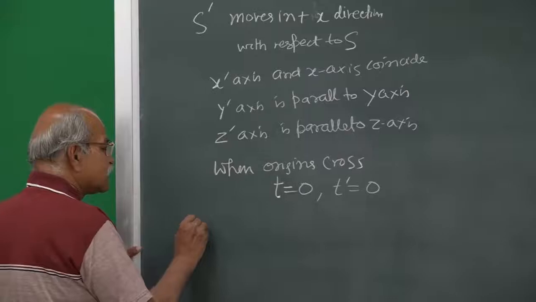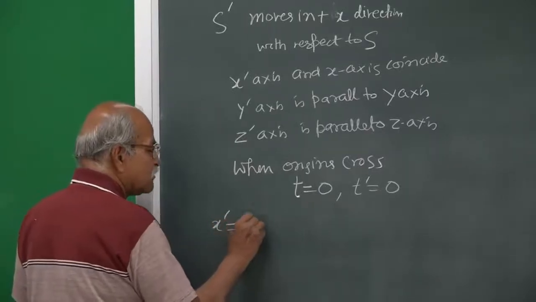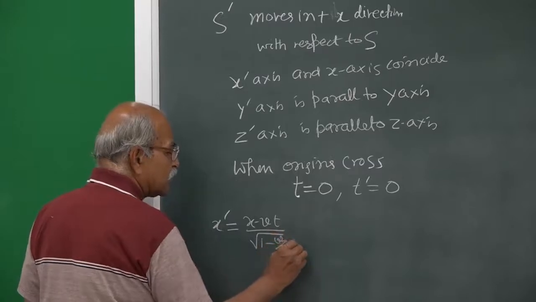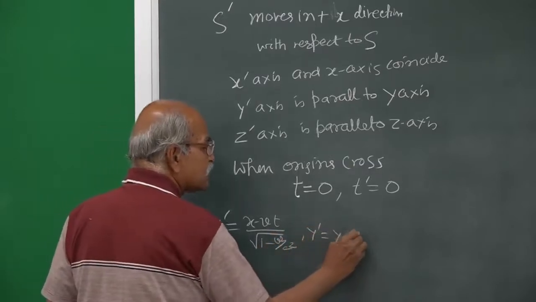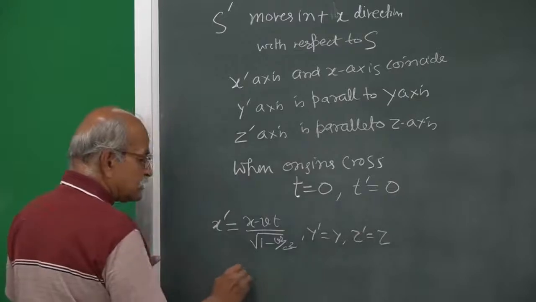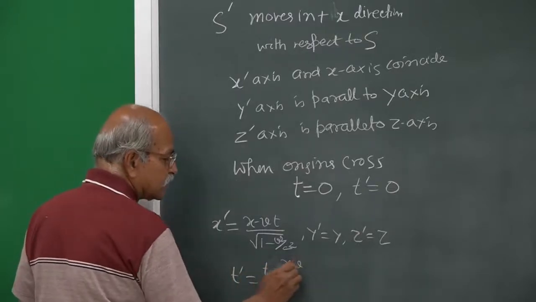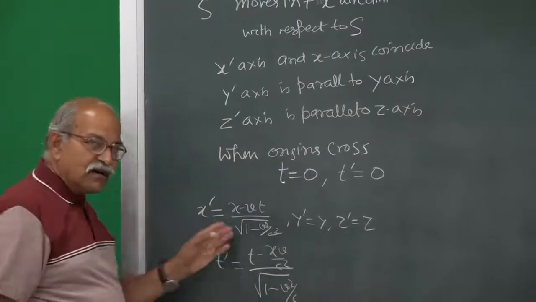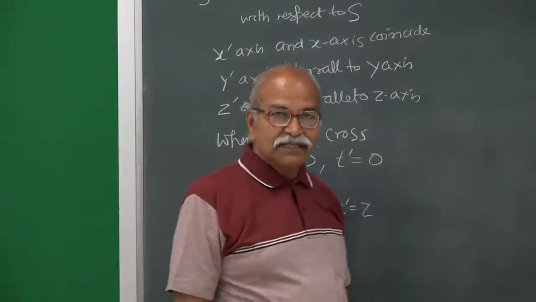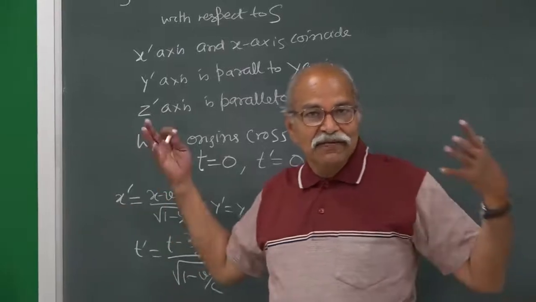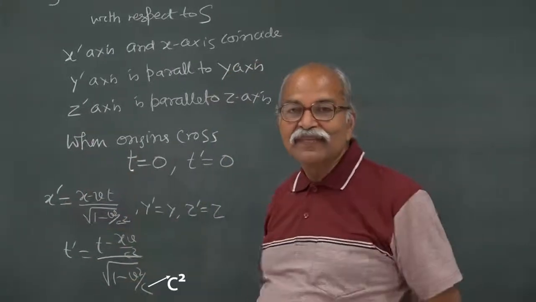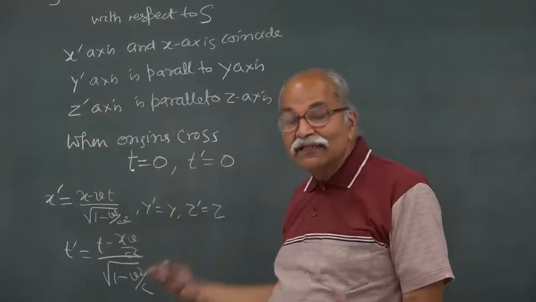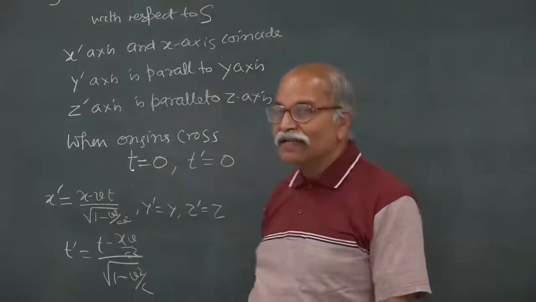The equations were x prime equal to x minus vt, y prime equal to y, z prime equal to z, and t prime equal to t minus xv by c square, all divided by the square root of 1 minus v square by c square. These are the equations we have practiced from the very beginning, and perhaps crammed by this time. But these will not be the Lorentz transformation if these conditions are not met.